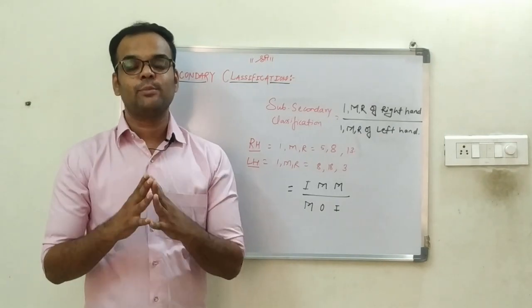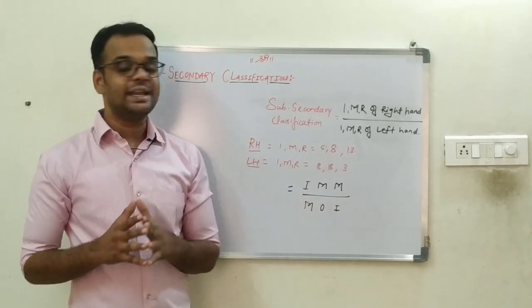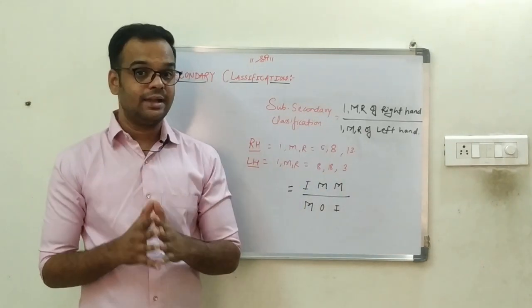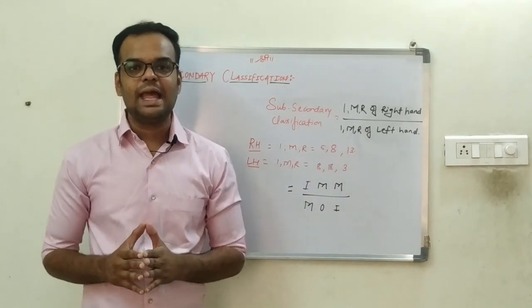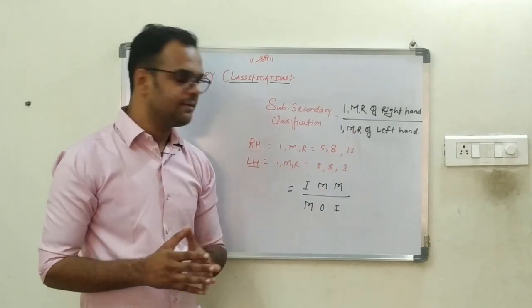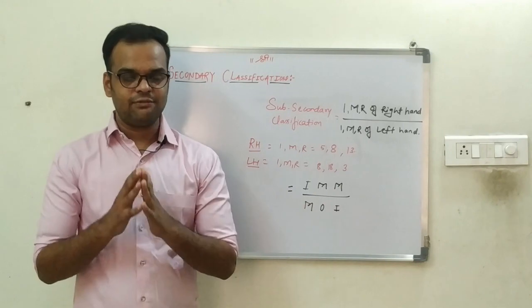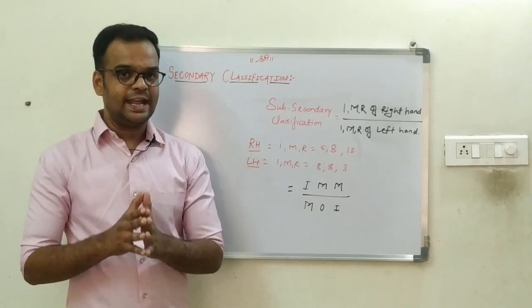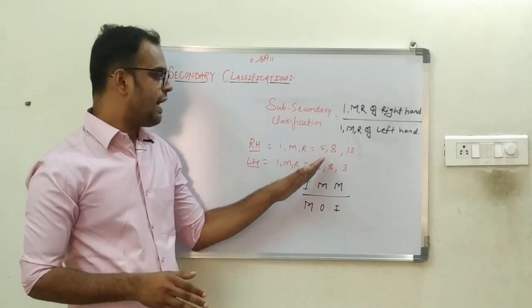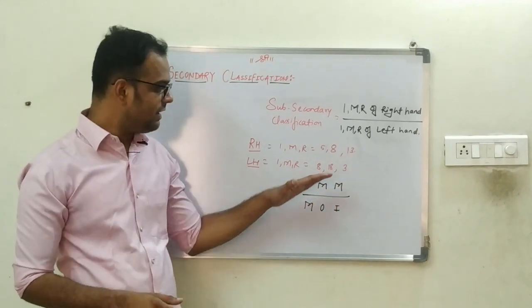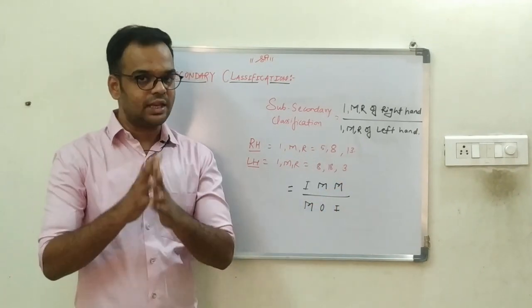Now the formula for this sub-secondary classification is index, middle and ring finger of the right hand upon index, middle and ring finger of the left hand. Now let's suppose the right hand has a ridge count for index, middle and ring finger of 5, 8 and 13 and the left hand has 8, 18 and 3.